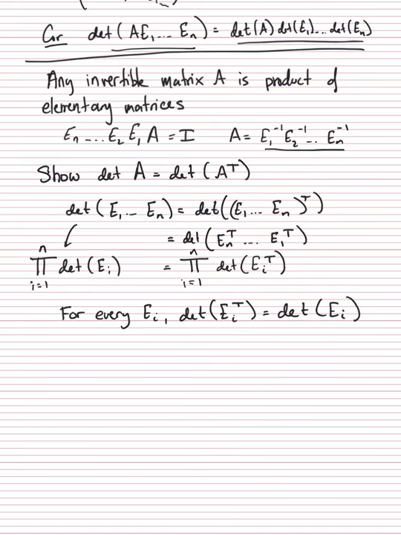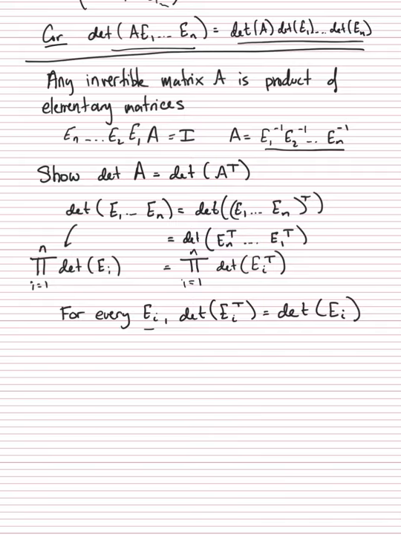And at least in the 2x2 case, you could see this geometrically with the signed area. The elementary matrices were either shearing, or they were multiplying one of the vectors by a scalar, or they were flipping the two vectors and therefore flipping the signed area. Again, you can see this geometrically if you're working with parallelepipeds in R3.